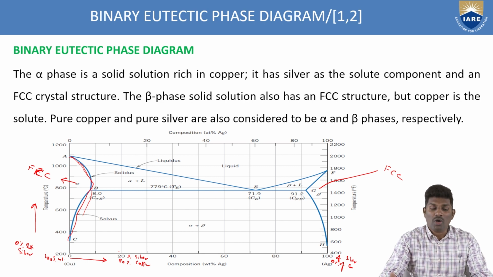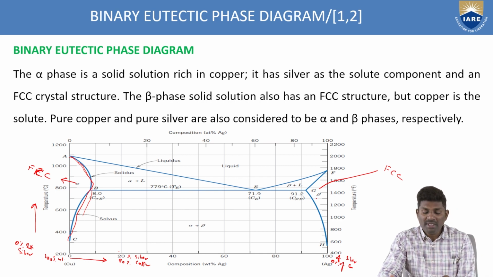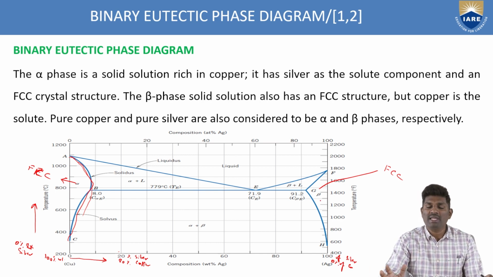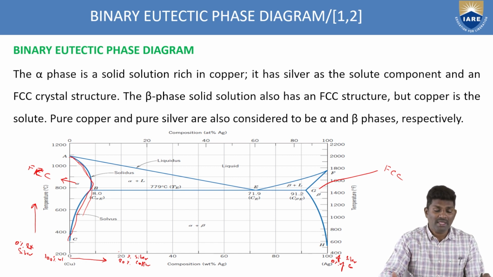Both are solid solutions having FCC crystal structure. But what is happening here? The high percentage of copper is available in alpha, and in beta you have the silver. The pure silver can be available in the beta zone and the pure copper in the alpha zone.